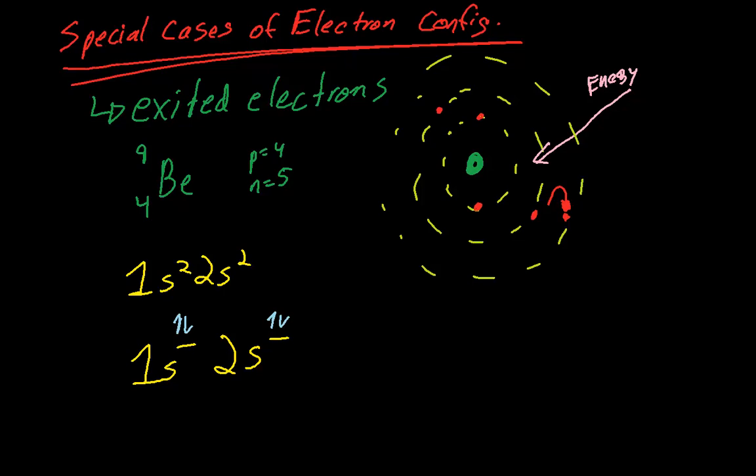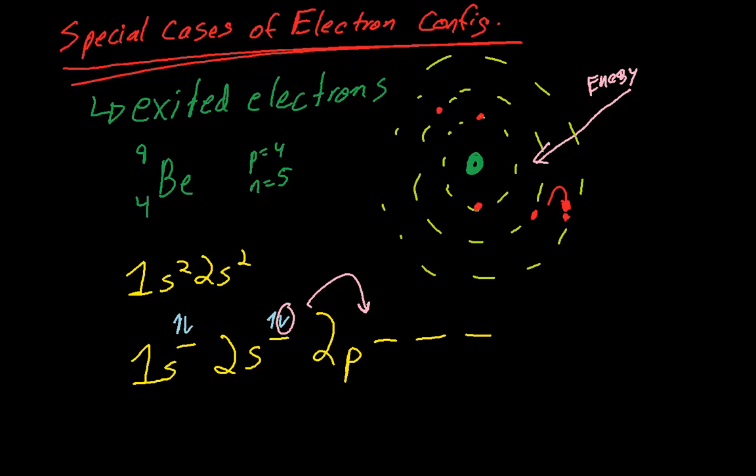Normally after 2s2 we would have 2p6, with 3 different orbitals. But in this case they're not full because there are not enough electrons in beryllium. But if we put energy into beryllium, what could happen is that this electron can pop over here.